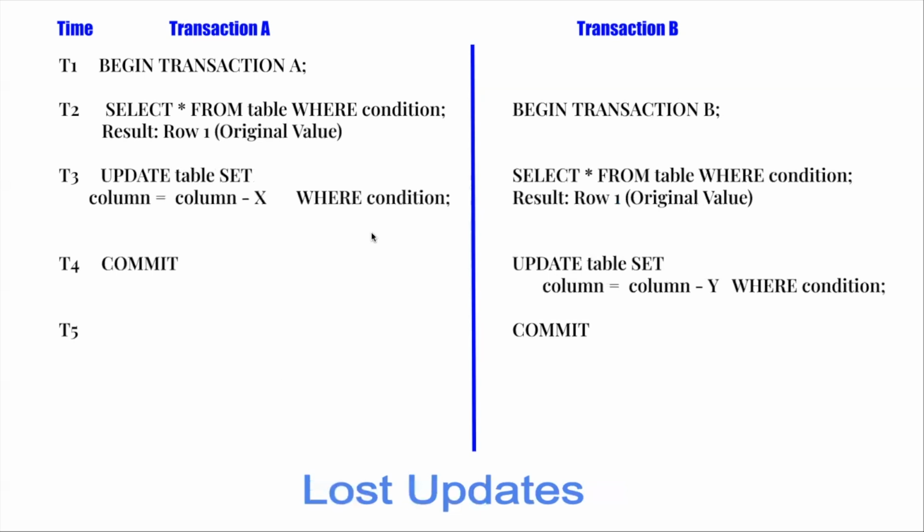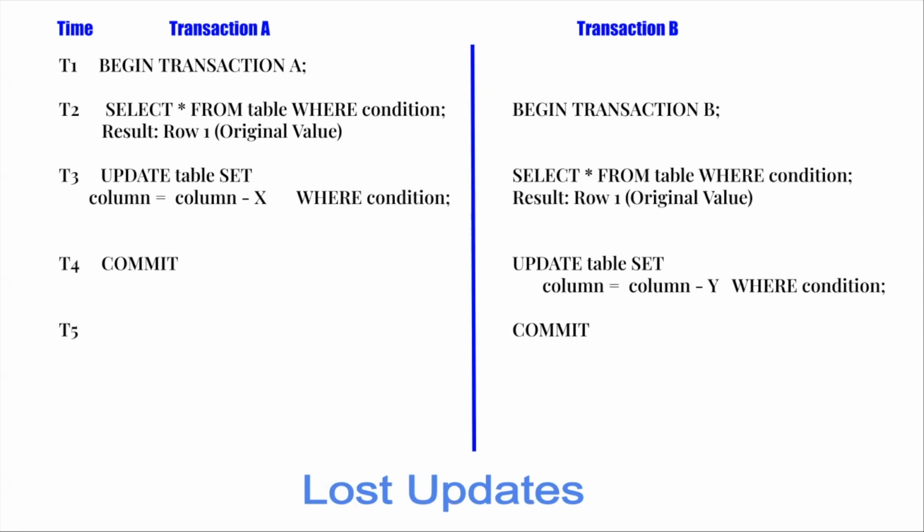Now consider lost updates. Say you have a transaction A starting at T1. At T2, you are reading from the table with a condition. And then at T3, you are updating that particular row, say column equals column minus X. And then at T4, you are committing.